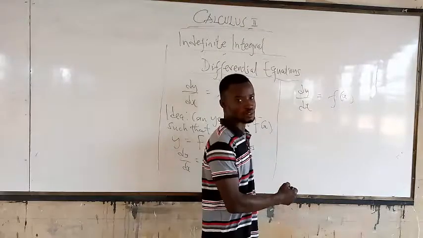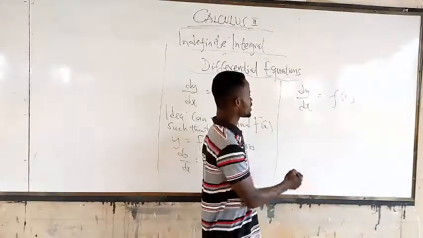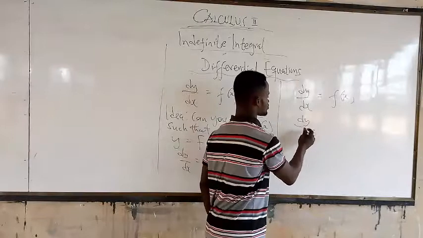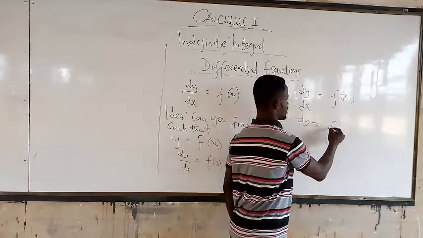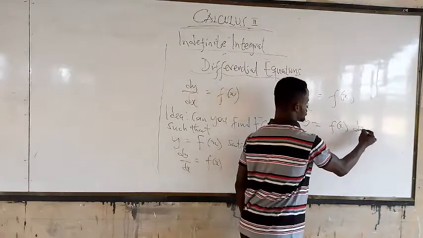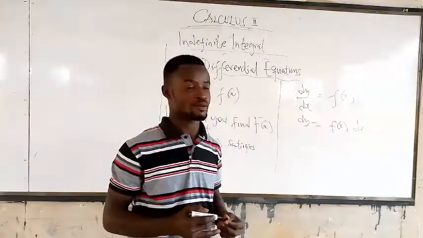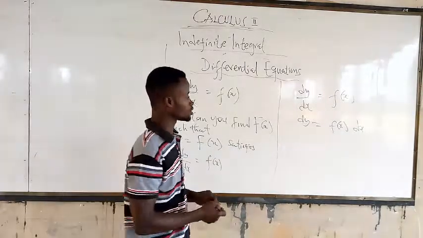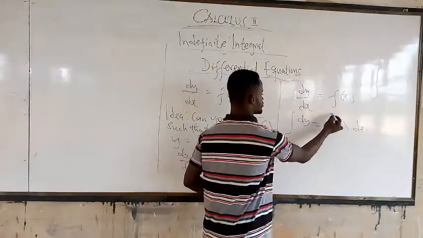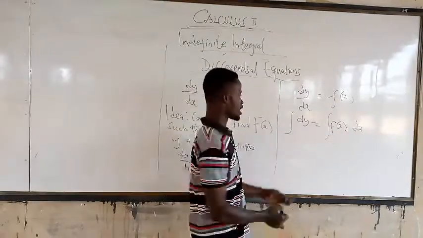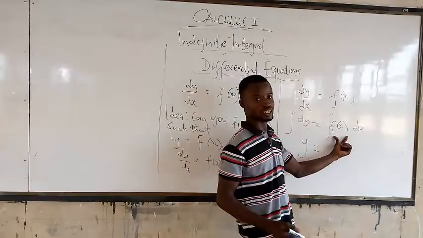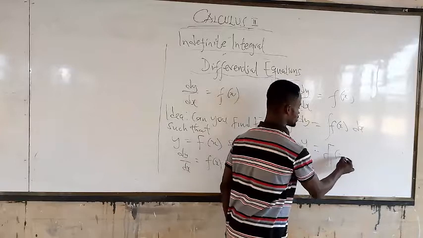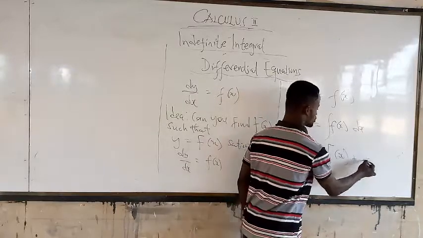Here, we can do cross multiplication, alright? And that is going to give us dy equal to f of x dx. That is by cross multiplication. Then you integrate both sides. And when you integrate both sides, you are going to get y equal to, you know that when you integrate this function, you are going to get a capital F of x plus c.